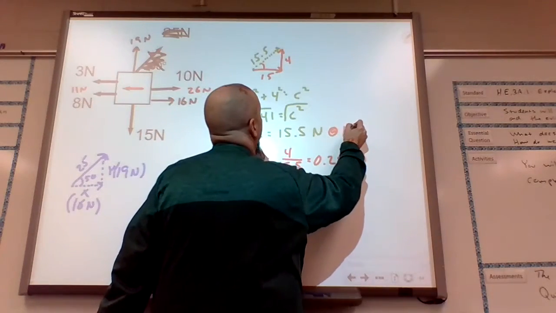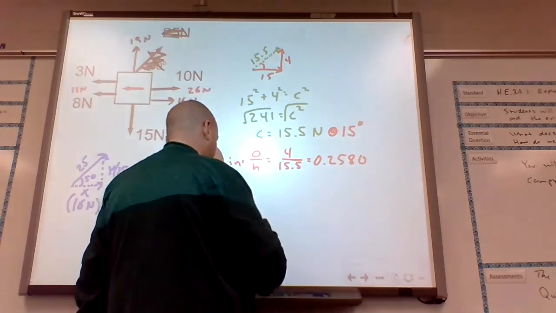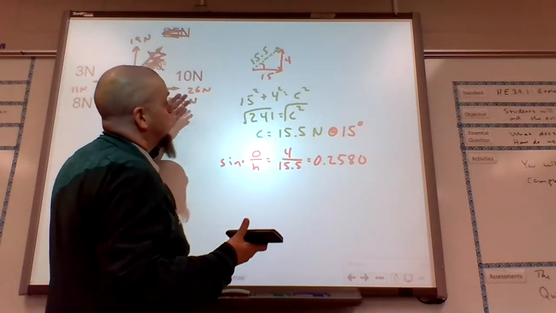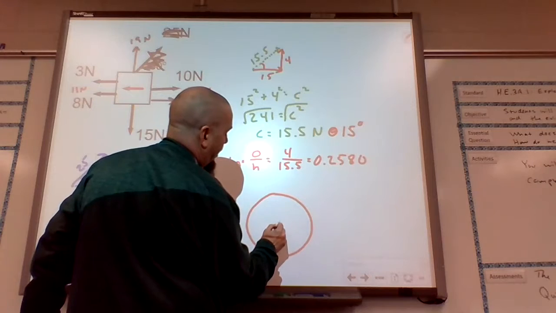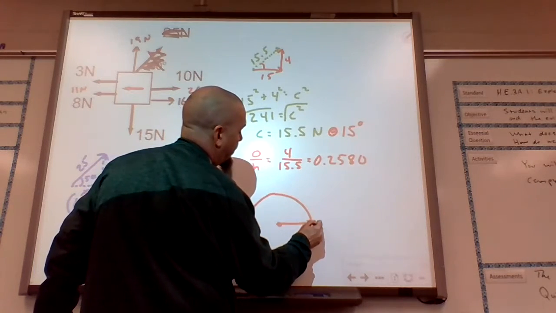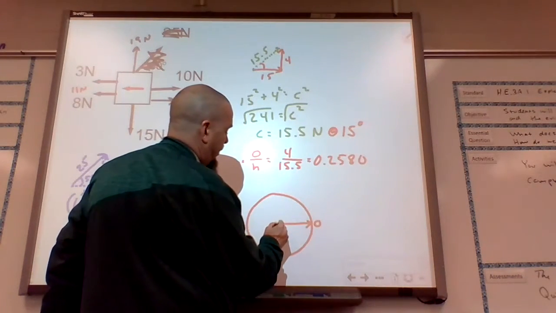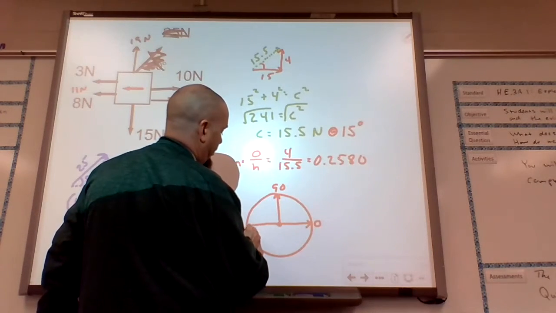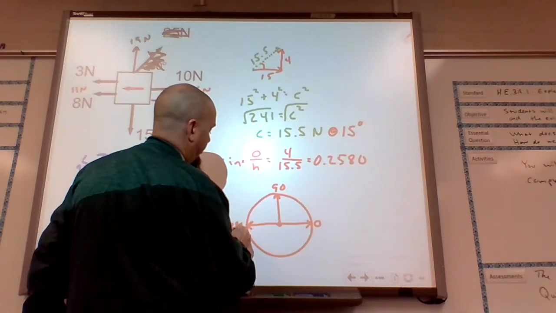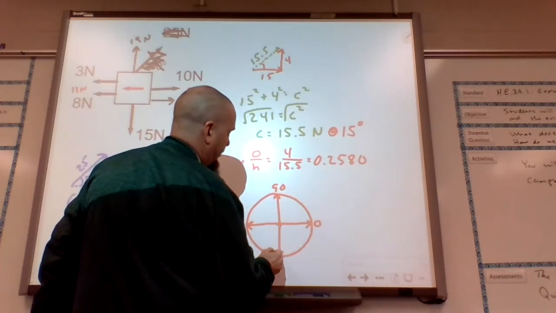So 15 degrees. And I can leave this one 15 degrees because if I think about the unit circle, again, I know if I'm over here, that's 0. If I'm up here, that's 90. If I'm over here, that's 180. If I'm down here, that's 270.